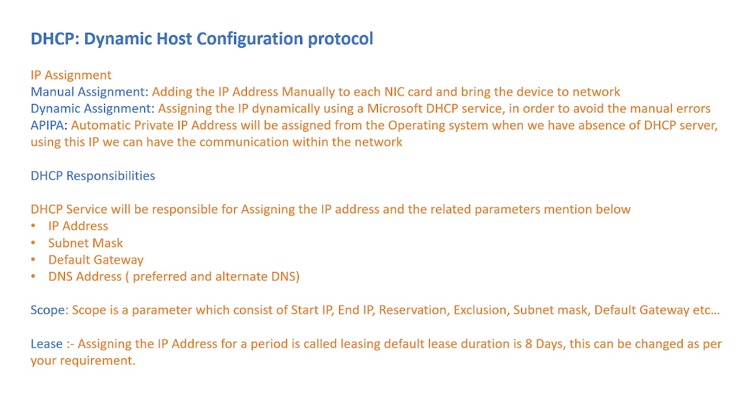Now let us understand the responsibilities of the DHCP. The DHCP is responsible for assigning the IP address and its parameters, which are the properties of it. Normally it will assign the IP address, subnet mask, default gateway, and the DNS address.